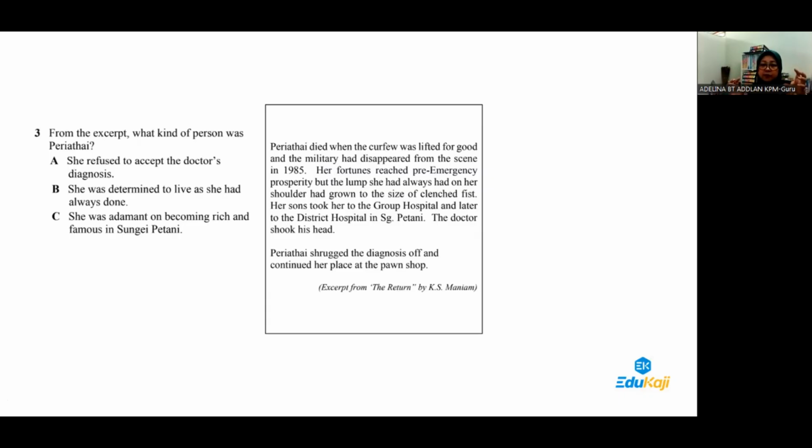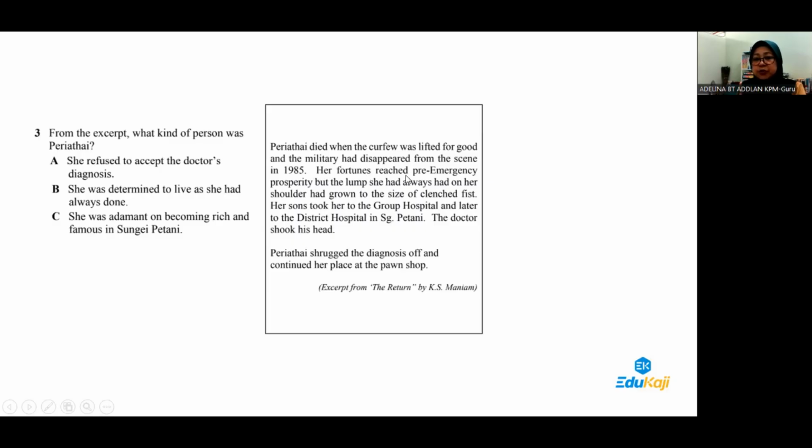So you have to remember that this excerpt is talking about the personality of the person. Who is the person that is being mentioned? Piriatai. So here, if you read, Piriatai died when the curfew was lifted for good and the military had disappeared from the scene in 1985.